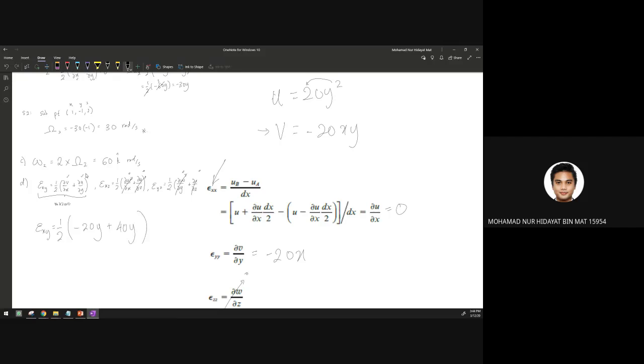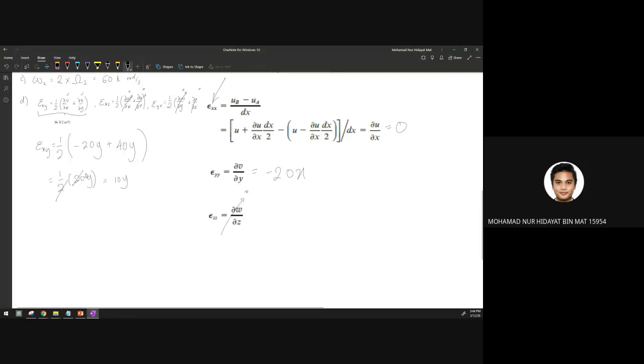And then you simplify further, it becomes 20y. Last but not least, you have to substitute the coordinate, which is, remember we have the coordinate 1, negative 1 and 2. So epsilon xy component is equal to 10 multiplied by y, which is negative 1. So it is equal to negative 10.